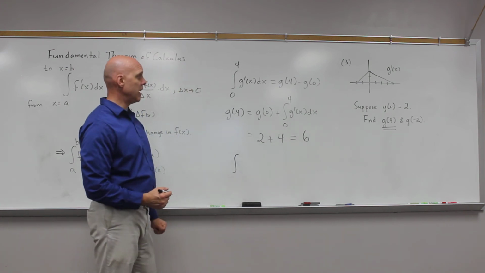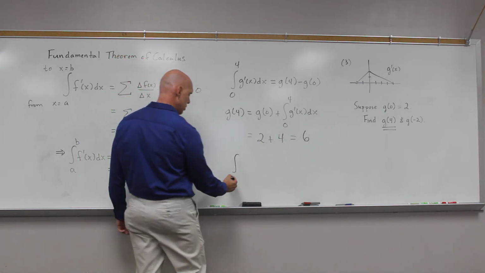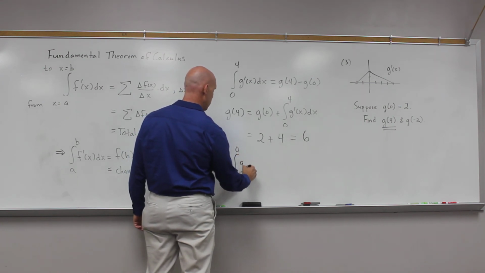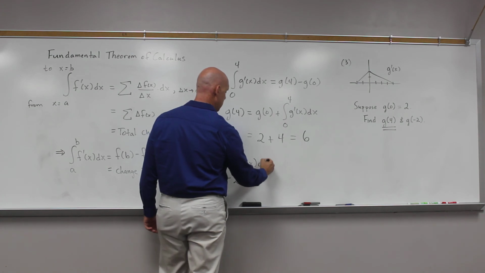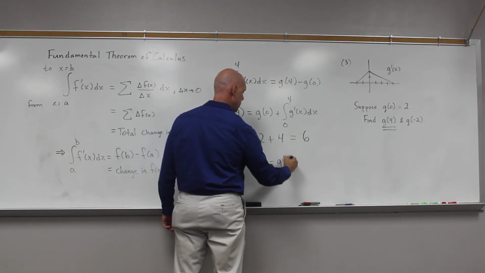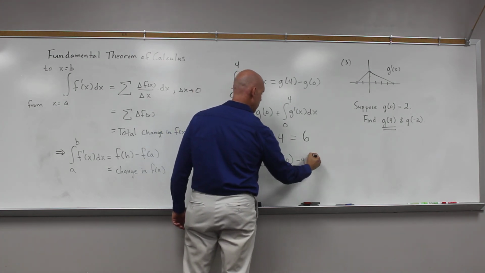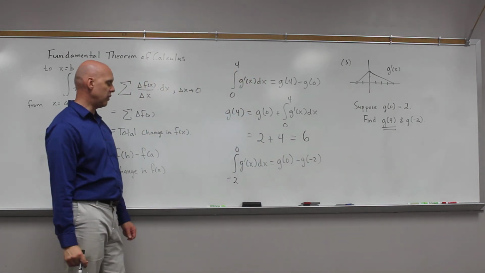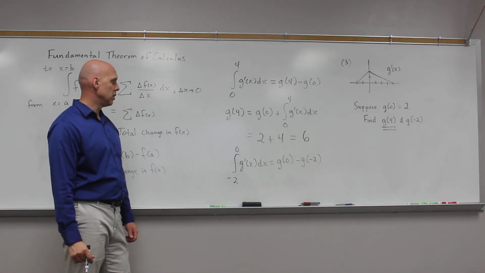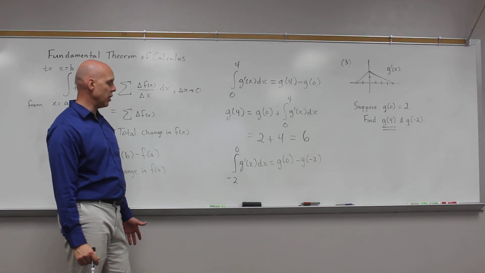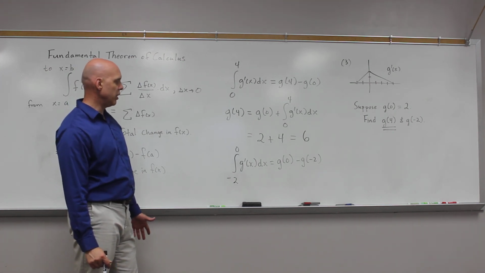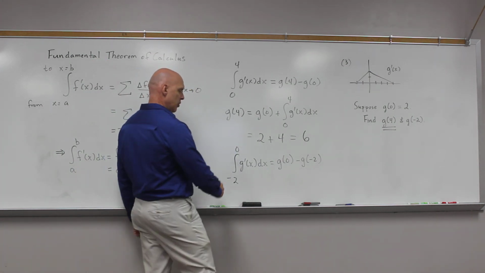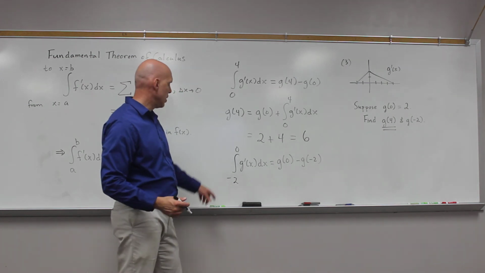What if I want to find g of -2? I could certainly do a similar thing. The only thing I don't know in this equation up here is what I'm trying to find. So I'm going to plug in the values first.